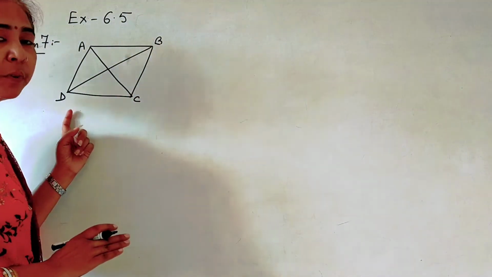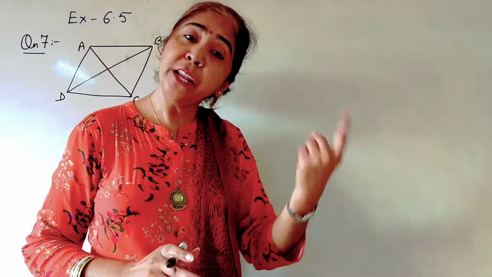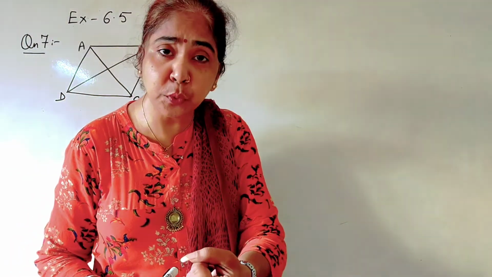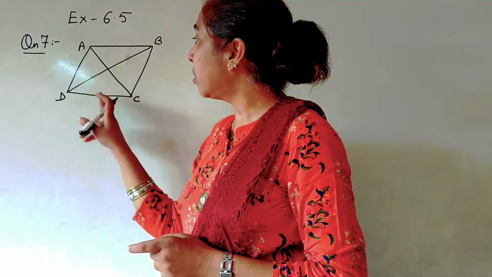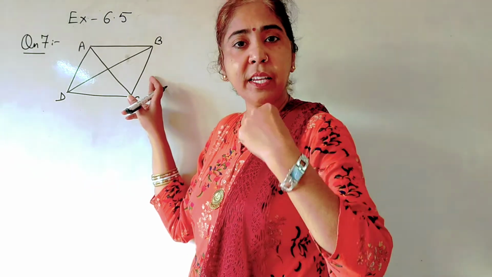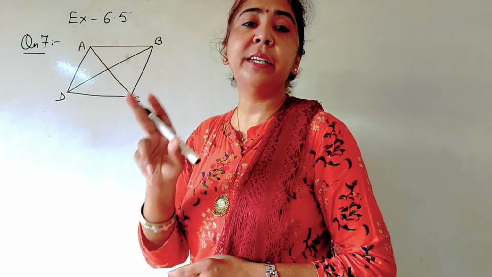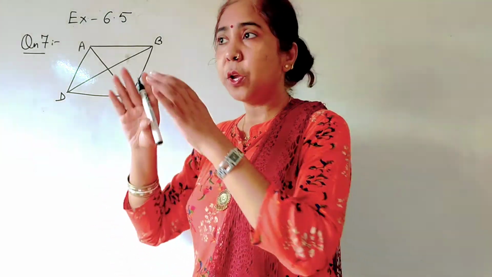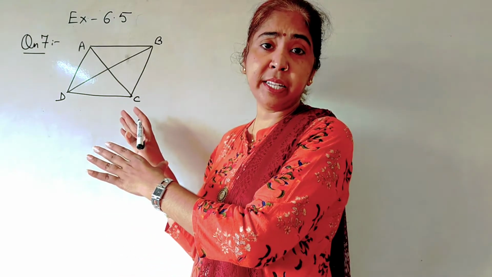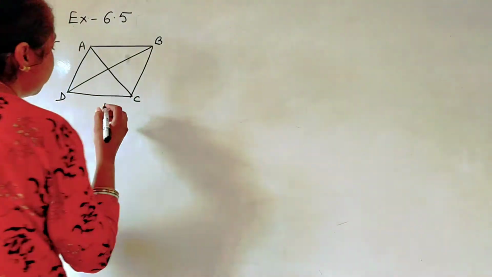The name I have given myself; otherwise, in the question it is given that in a rhombus you have to prove that the sum of the squares of all four sides is equal to the sum of the squares of its diagonals. Right? So if our rhombus is ABCD, then what will be the given?